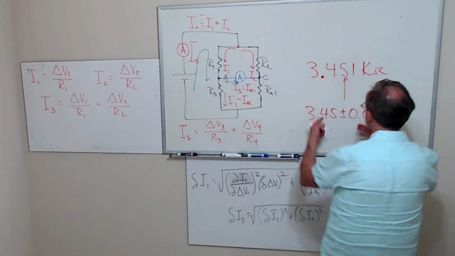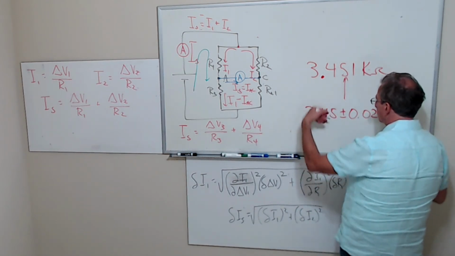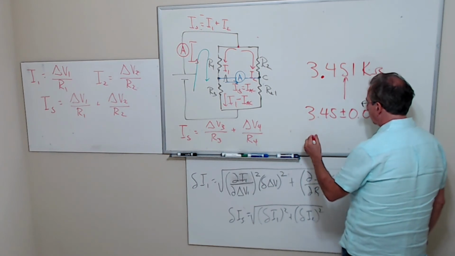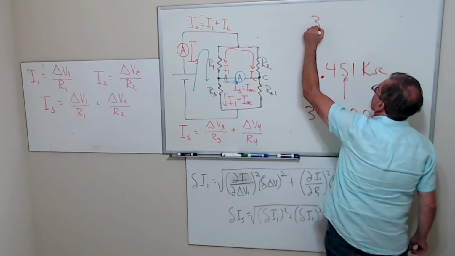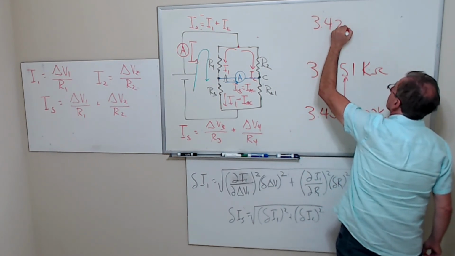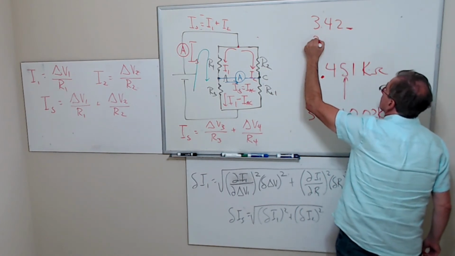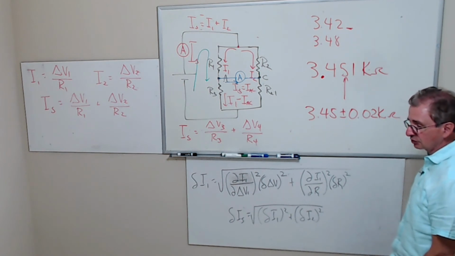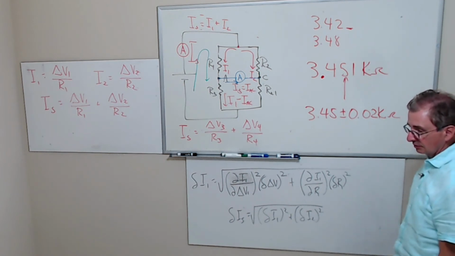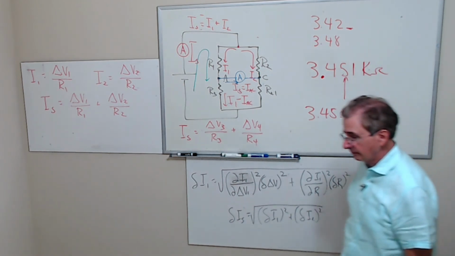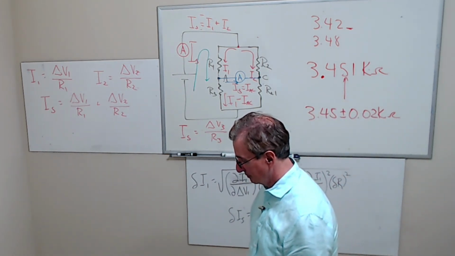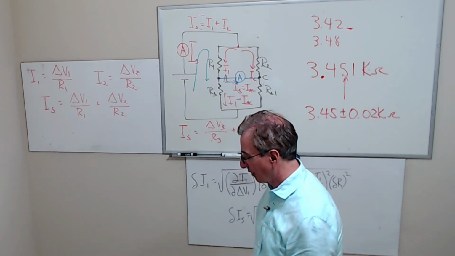If you just stare at it for like 10 seconds, and the value oscillates between those two values, just take the average of those two values and say it's 3.45 plus or minus 0.03.